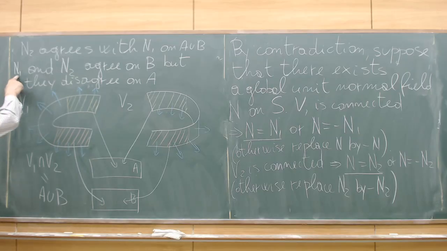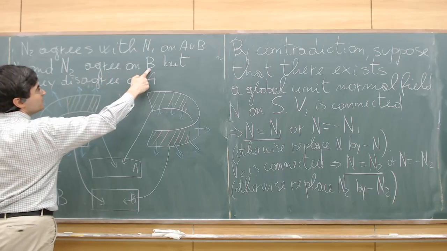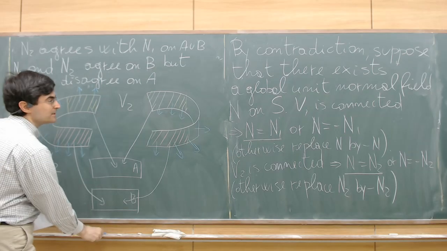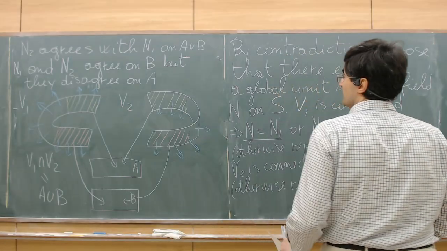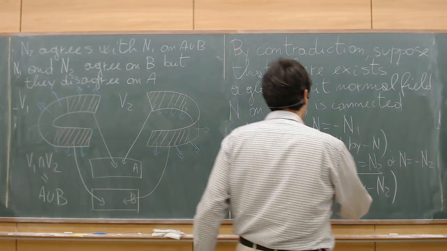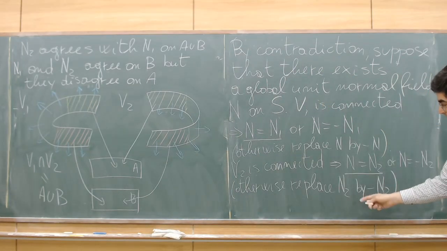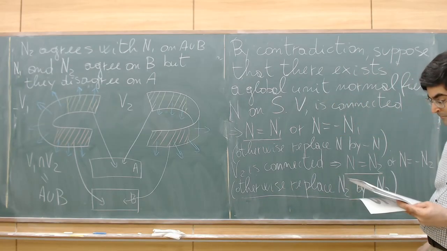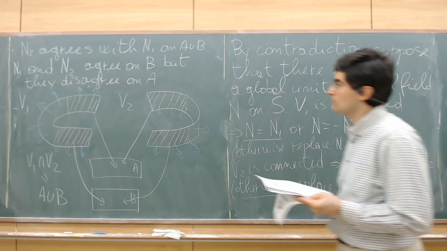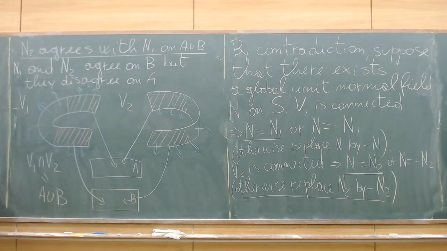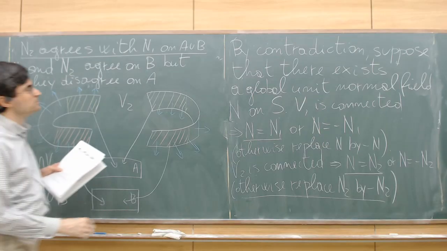So it's true that N1 and N2 agree on B, but they disagree on A. So it is not true that, if you make a change of sign, like I wrote here, you can make this true. So this is a contradiction.